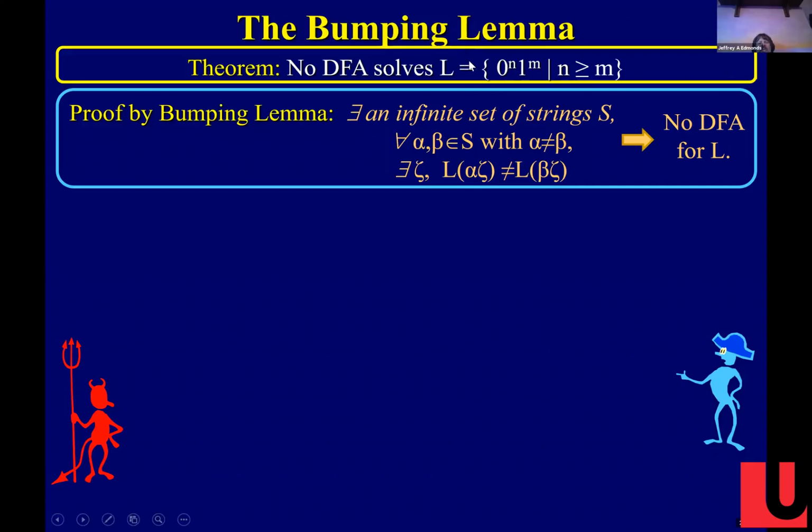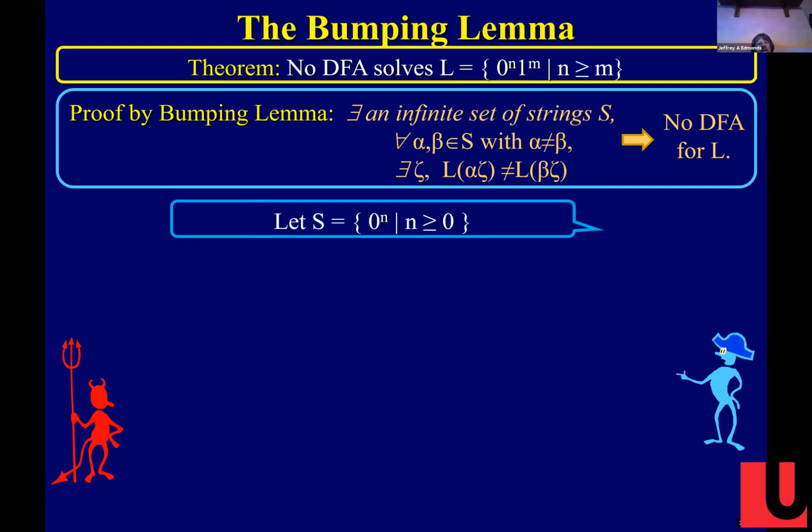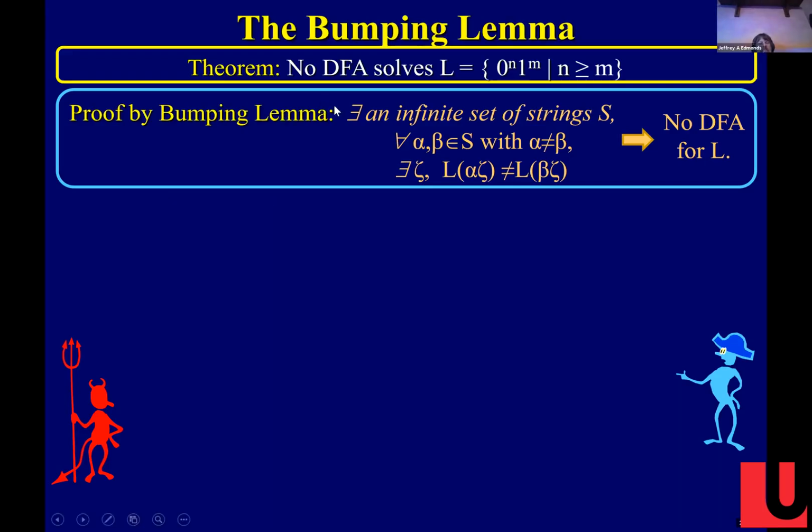So here, what's our language? Any number of zeros followed by any number of ones. But now the number of zeros has to be greater or equal to the number of ones, right? It just has to be longer, right? Everybody understand what the language is? So how do I do it?